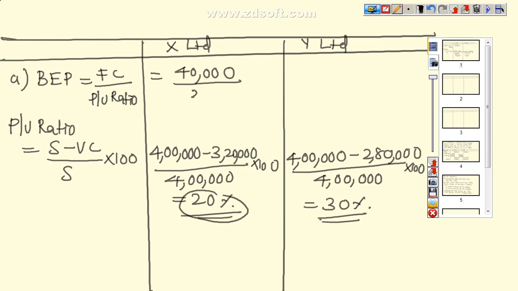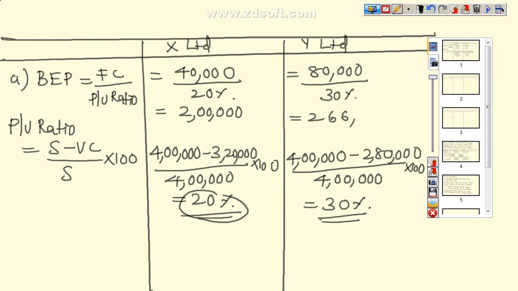So we write here 20%, that is equal to 2 lakh. And for Y Limited, fixed cost is 80,000 and PV ratio of Y Limited is 30%, so we write here 30%. So the answer is 2,66,667.